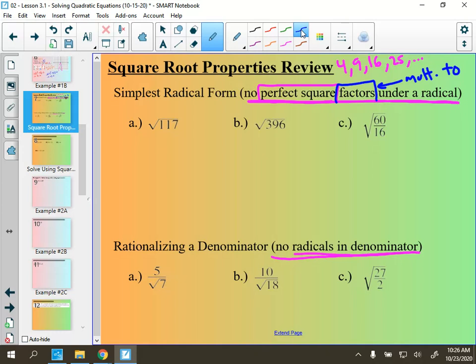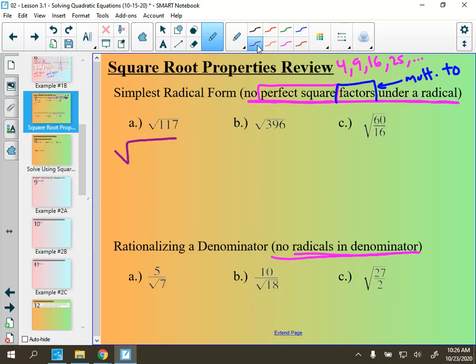I'll start here with A, but for parts B and C I'll probably have to do them on a separate sheet. We're looking to break up this 117 into two numbers that multiply to 117, but I'm hoping I can get one of those numbers to be a perfect square factor. So I'd get my calculator out and start dividing. 117 divided by 4?